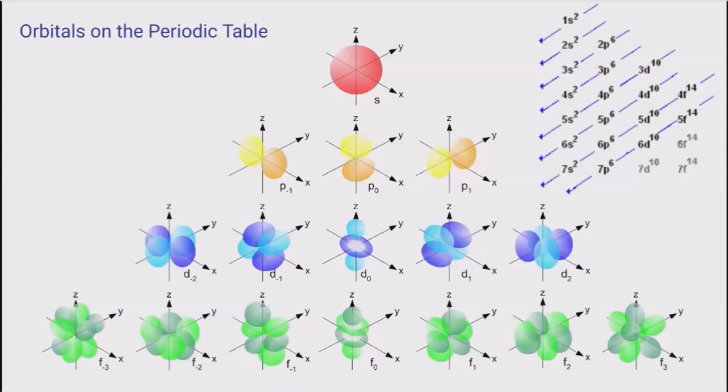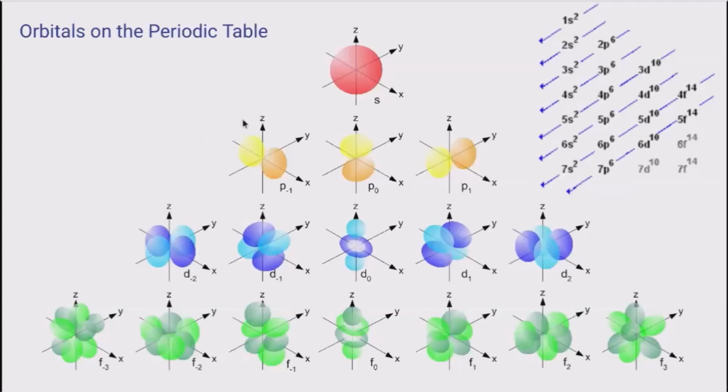This is the first orbital that the atom will fill when it's gaining electrons. The p's, the yellows, are the next set. So there's p-1, p0, and p1, or as I learned, px, py, and pz.